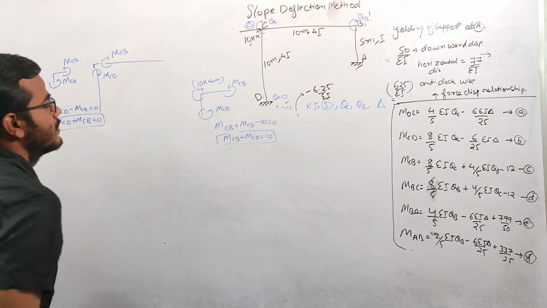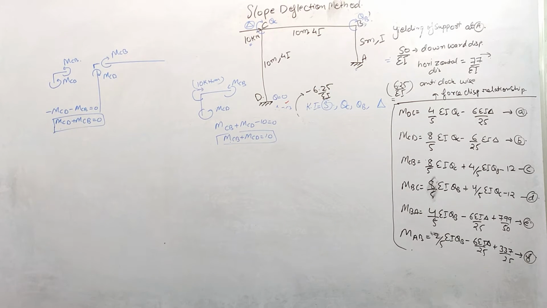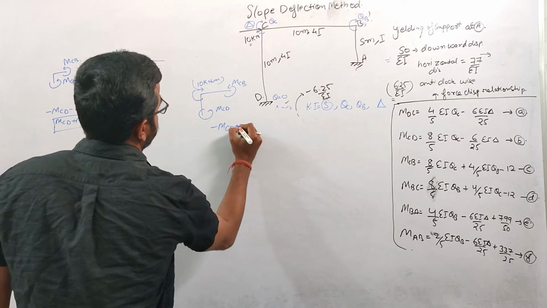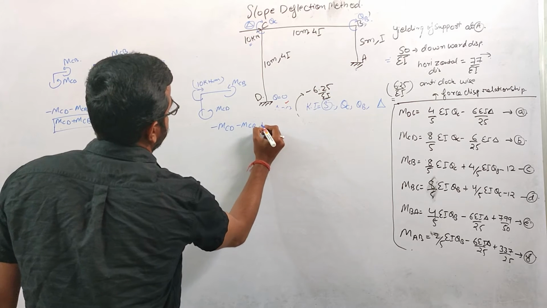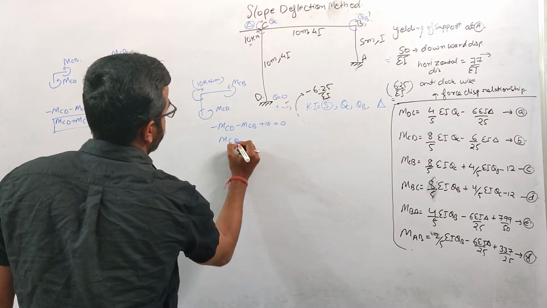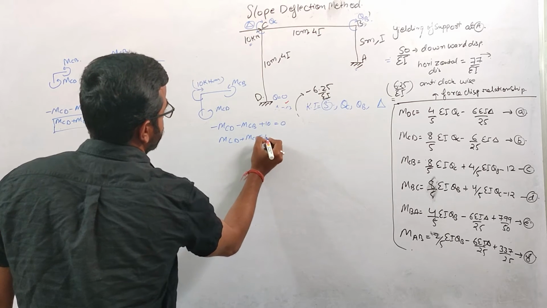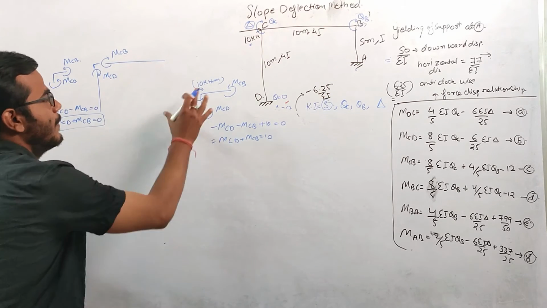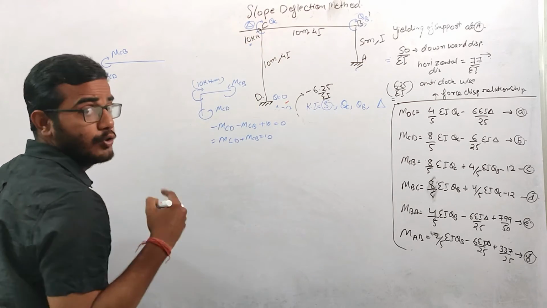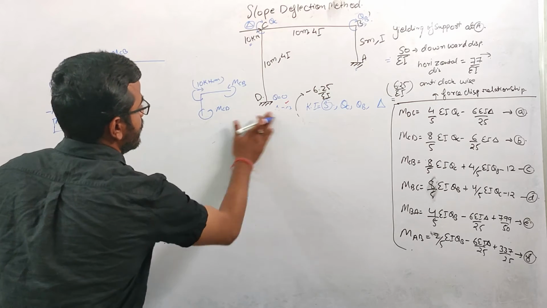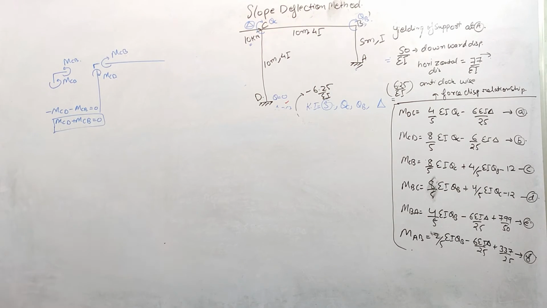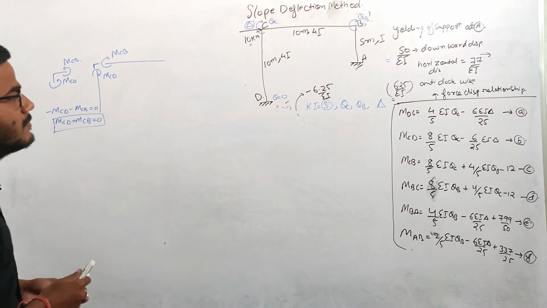So don't get confused. Or you can write it like this: minus MCD minus MCB plus 10 equals 0, which is again MCD plus MCB equals 10. So if some moment is given instead of this 10 kilonewton load, if there was a 10 kilonewton meter moment, then you can use this equation like this. Otherwise, MCD plus MCB equals 0.